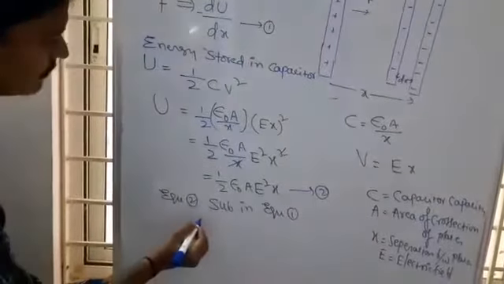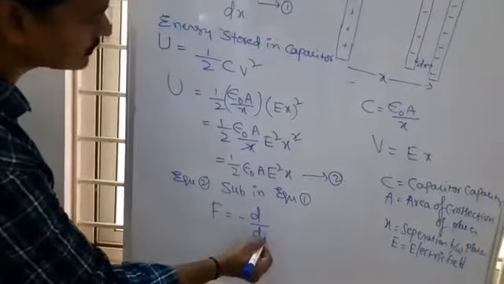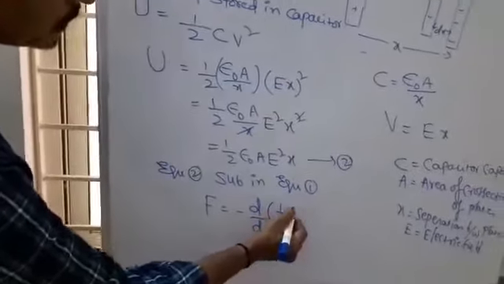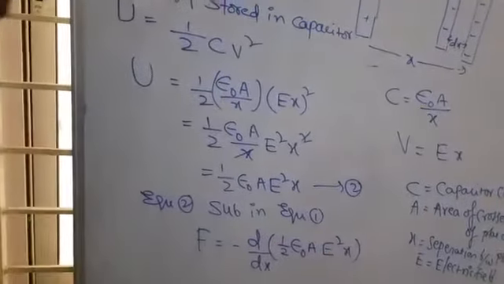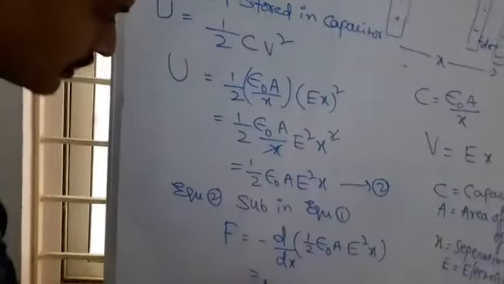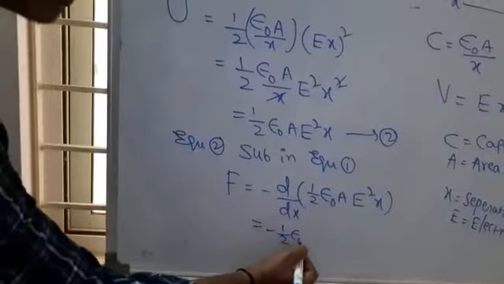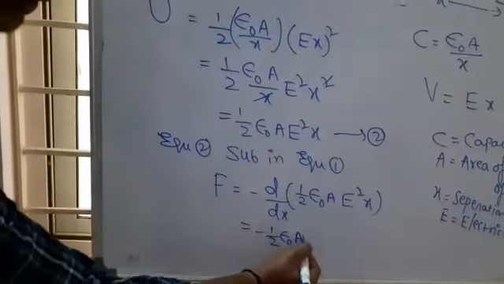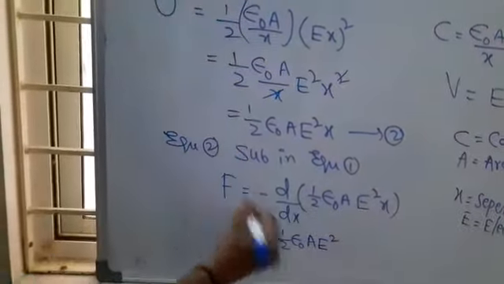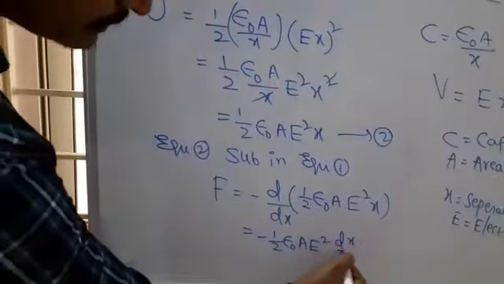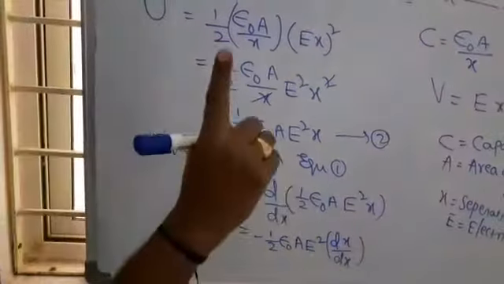Therefore F is equal to minus d by dx of 1 by 2 into epsilon naught A E square into x. So therefore minus 1 by 2 is numerical, take outside; epsilon naught is a constant, A is the area of cross section, take outside of the derivative; E, the electric field, take outside of the derivative; dx by dx is 1.